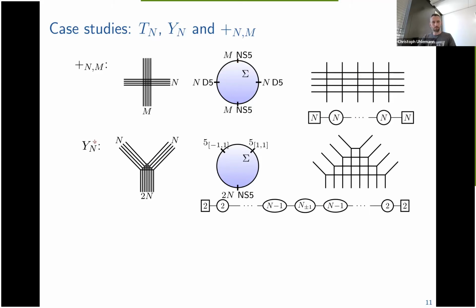The second example is what we call the YN theory. It's a junction of 2N NS5 branes and then (1,1) and (1,-1) 5-branes. That corresponds to a supergravity solution with 3 poles on the boundary of the disk, representing these 3 groups, which can be given very explicitly.